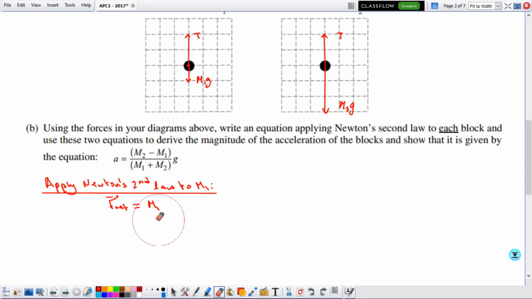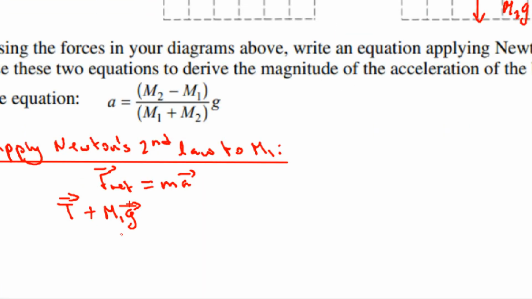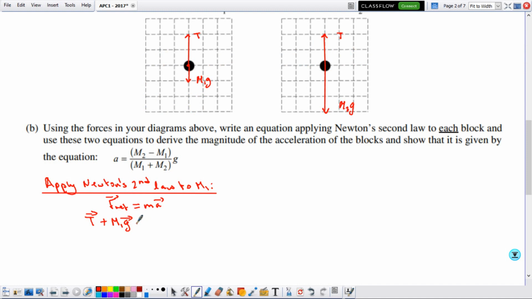So let me keep this as a general mass. Now what are the forces acting on block 1? We have the tension T, we have M1G. Now here the vector, whether it's represented above G or above M1G, it's the same, and that would be mass M1A. Now up is positive.